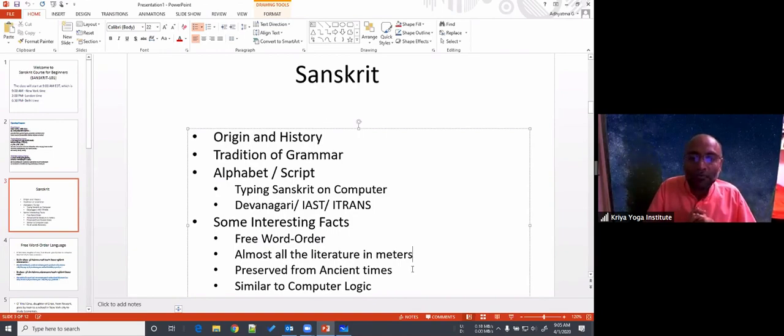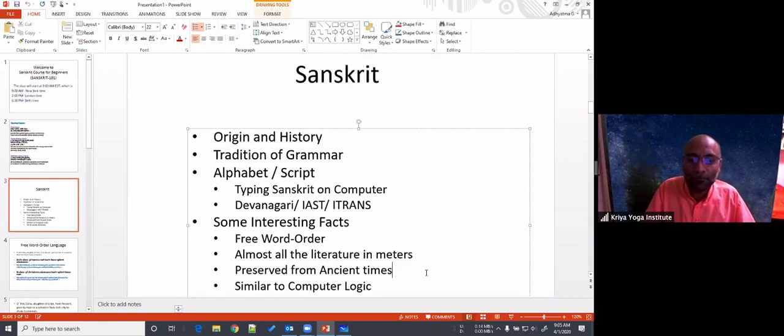The language has been preserved in its form from very ancient times. Part of the reason is that Panini codified the rules of grammar, and people have been following those rules ever since.